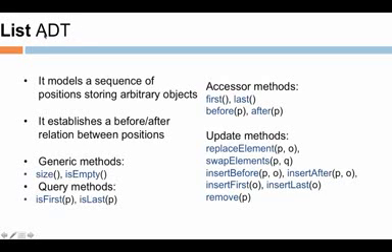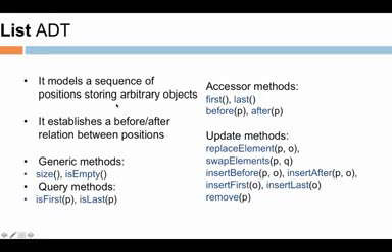What does a list abstract data type do? It models a sequence of locations which store arbitrary objects. Let us assume that these are objects of a particular basic data type. For example, if it models a sequence of positions storing integers, then it becomes a list of integers. The most important thing is that the list data type is a sequence of positions storing arbitrary objects.